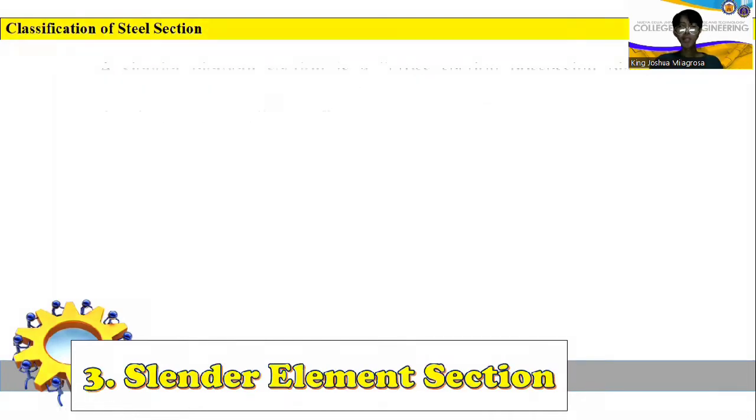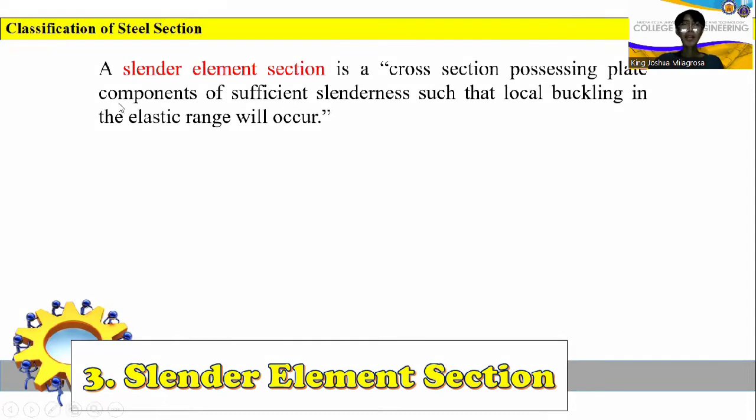So, for slender element section naman, a slender element section is a cross-section possessing plate components of sufficient slenderness such that local buckling in the elastic range will occur. So, ito ring section na ito is yung some part of the section is nagbabakal na siya bago pa man magbakal yung buong section.